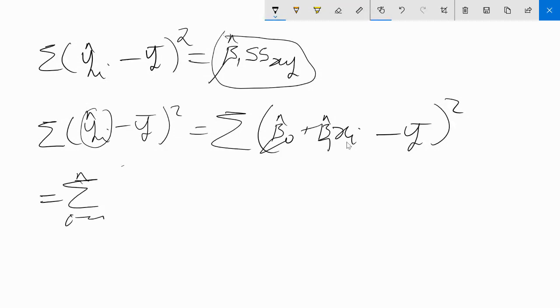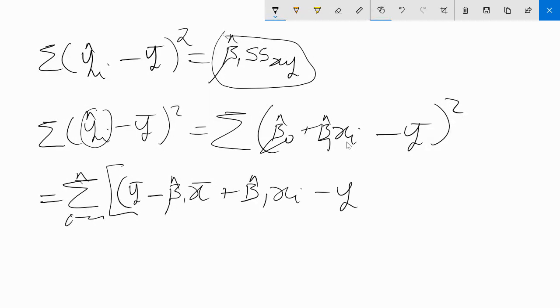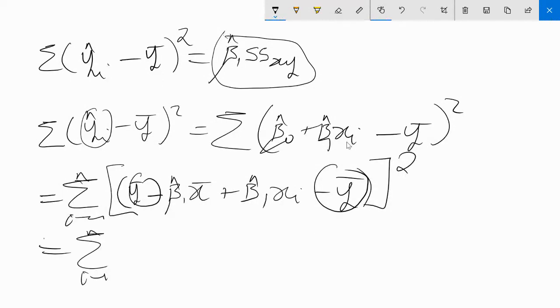If you pay attention, they will guide you. So we have to change this, and this we know is equal to y bar minus beta 1 hat x bar, plus this part, minus y bar, squared. So this y bar and this one, you can see they will cancel out. It's clear there.